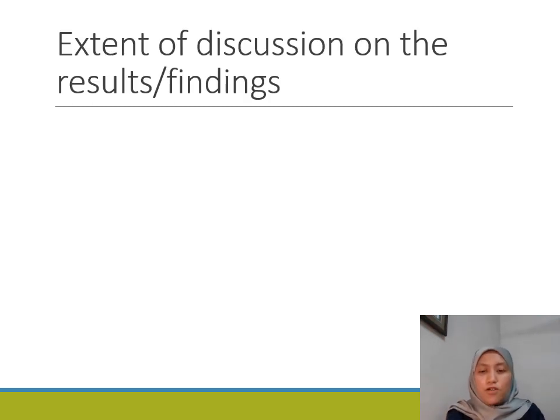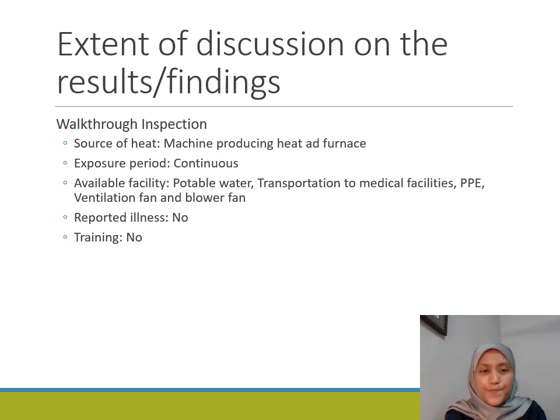Okay, and then we are going to the extent of discussions on the result findings. Again, the results and findings are based on the parameters that we mentioned in the methodology, and also in the summary just now. First is the walkthrough inspection. What they obtained is that the assessor identified the sources of heat, which are machines producing heat and furnaces.